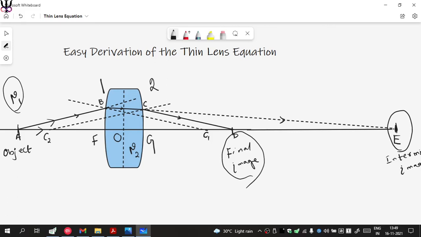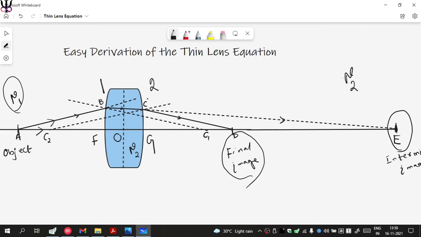Again, instead of having the two interfaces, medium 1, medium 2, which is the lens, and then back to medium 1, what you can do is take medium 1 and 2, and then take medium 2 and 1. The second case will be where the object is at E, that is already in the medium mu2. Here the first medium is mu2, because we are looking at E that would have been formed had there not been the second interface.